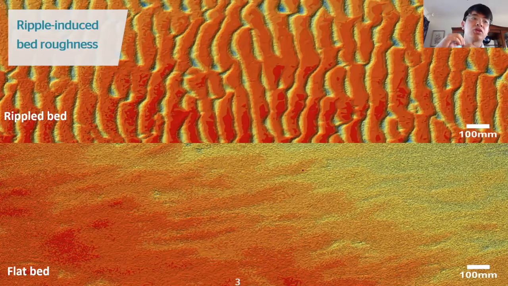Compared to a flat bed, the formation of ripples can increase the bed roughness, which will affect the near bed velocity, as well as the sediment transport, including the suspended sediment transport and the bed load transport. So proper prediction of the ripple size, and therefore the ripple roughness, will be very important for a good performance of sediment transport models in the estuarine or coastal environment.